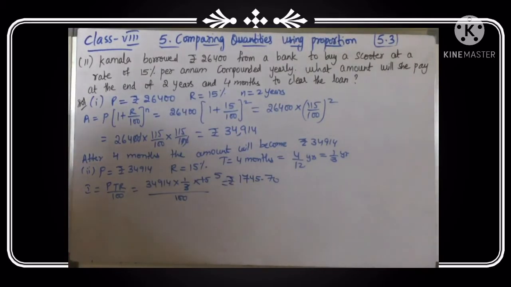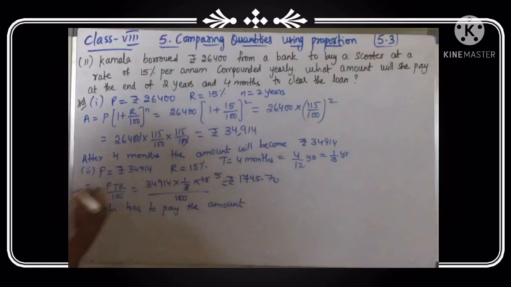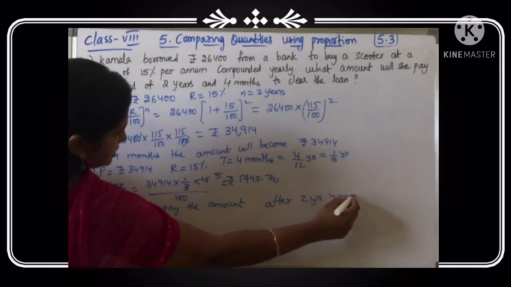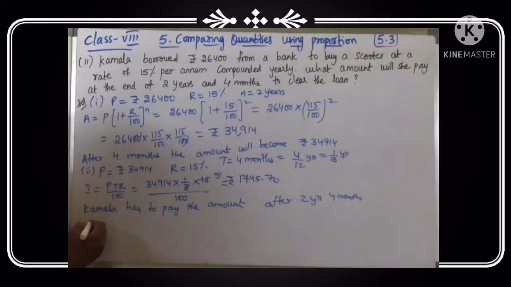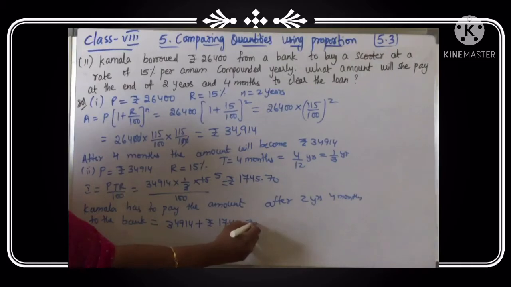Now Kamala has to pay how much now? Already amount after 2 years is this much, 34,914, and we should add this 4 months interest to the amount. So total Kamala has to pay the amount after 2 years 4 months to the bank, which is nothing but 34,914 plus 1,745 rupees 70 paise.